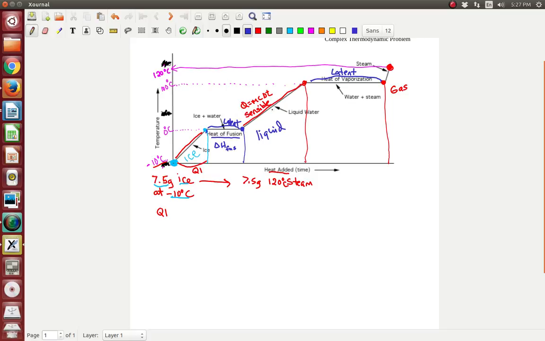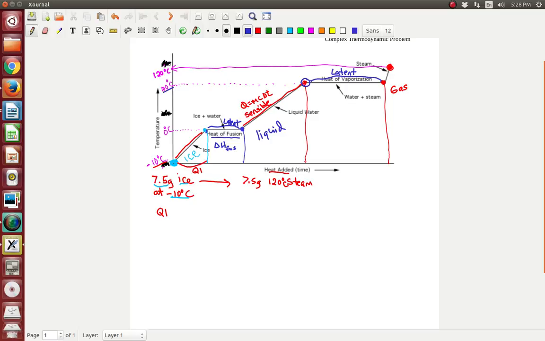Then we have that sensible heat. We can see the temperature changing. We can sense it. We can put a thermometer in it and see that it changes until we get up to the top, where we have 100 degrees water.